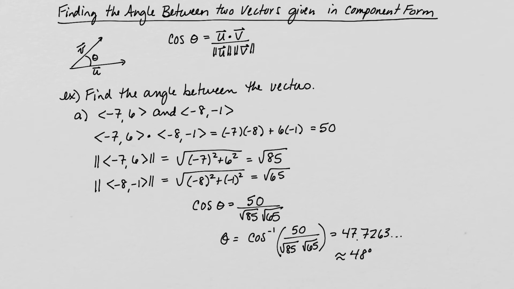So we'll try one more. So let's look at between -3, 1 and -8, -2. So remember our formula, cosine theta is u dot v divided by the length of u times the length of v.